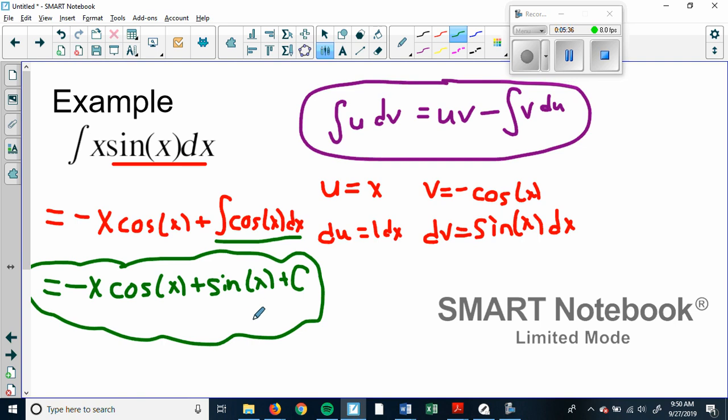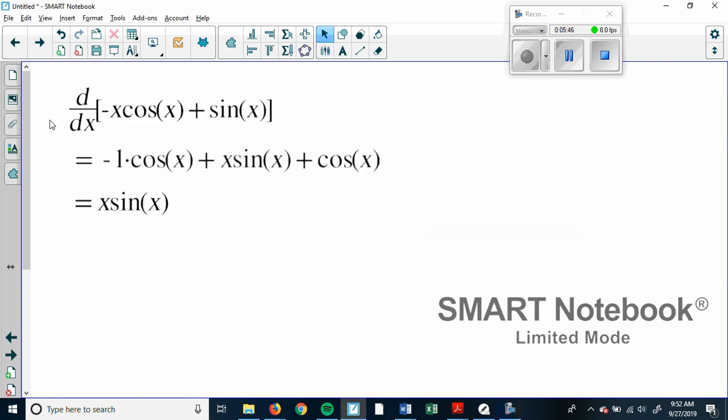I'm going to use the magic of television and check this work, so hopefully you'll see that it actually does work. Here's our answer we got in the previous example. Let's take the derivative. Remember the product rule. The derivative of negative x is negative 1 times the cosine x.